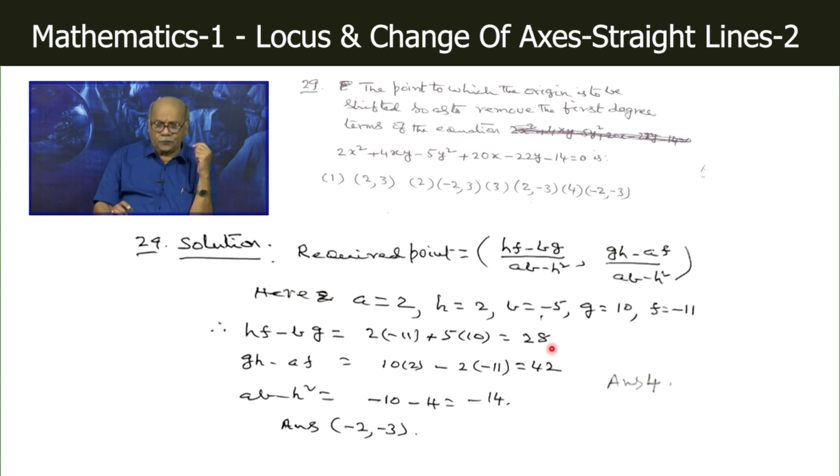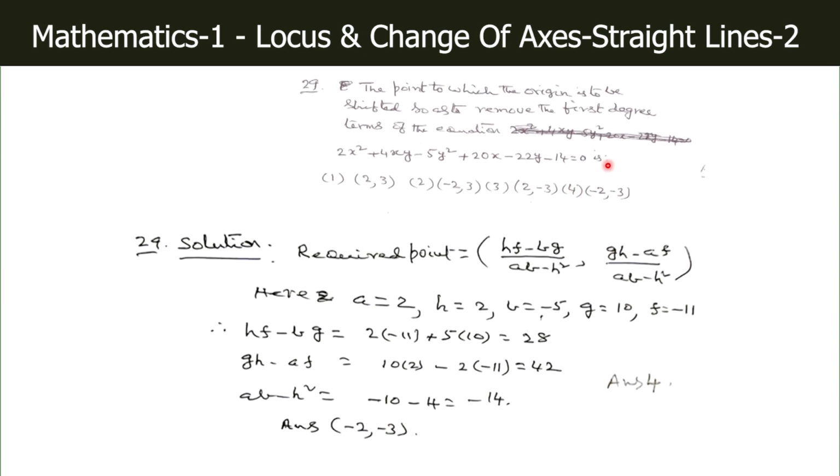So, therefore, the required point is minus 2 comma minus 3. So, answer is option number 4.